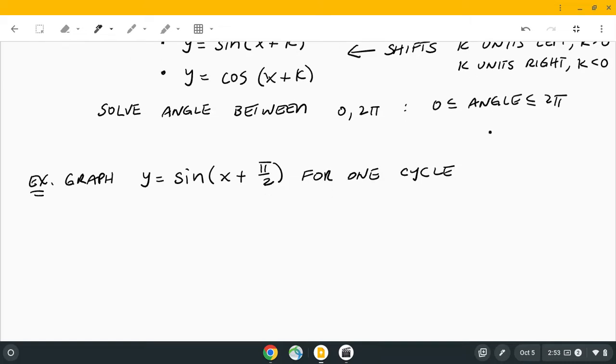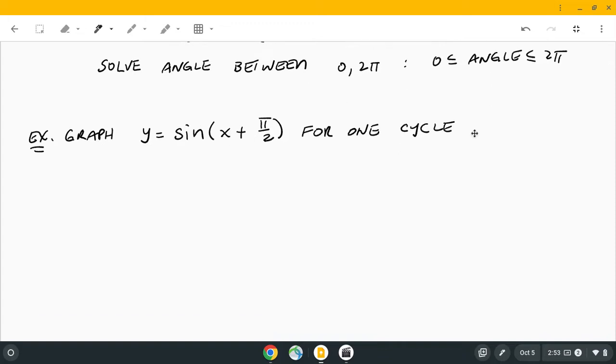All right, so if they ask you about shifting, this is going to be pi over 2 units to the left. If you're going to graph, you can kind of look at it two ways, and hopefully you'll see both of them happening when you do the graph.